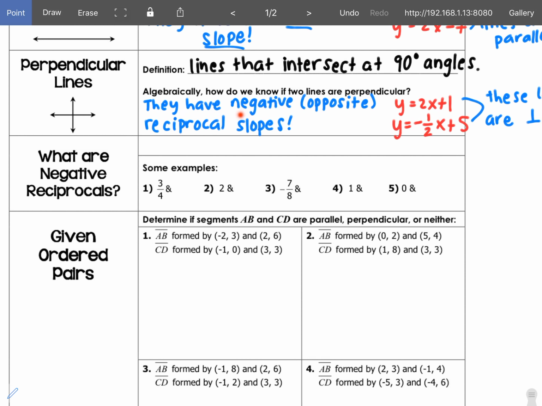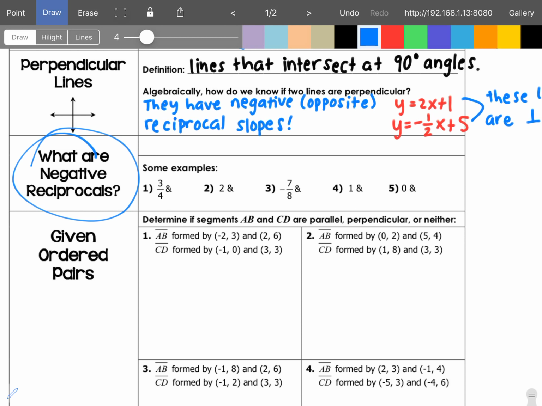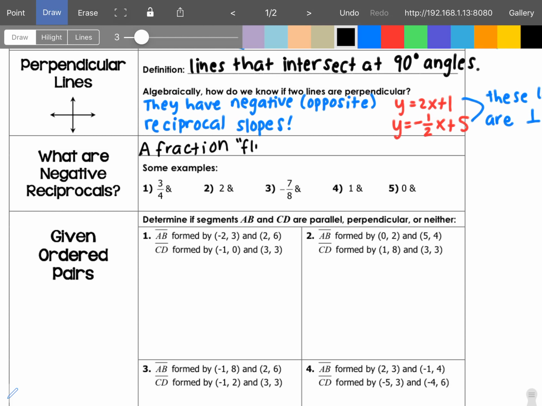Two lines perpendicular to each other have to have negative reciprocal slopes. What are negative reciprocals? Well, negative reciprocals are a fraction flipped, and the signs are switched.